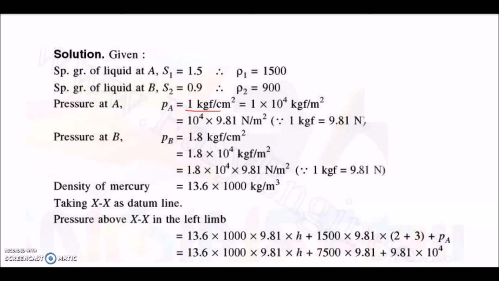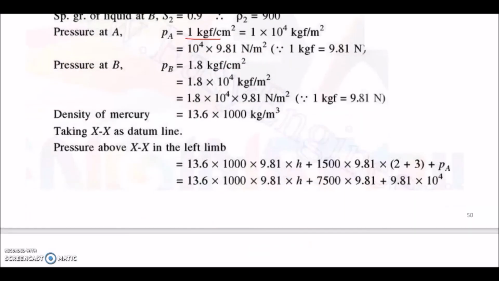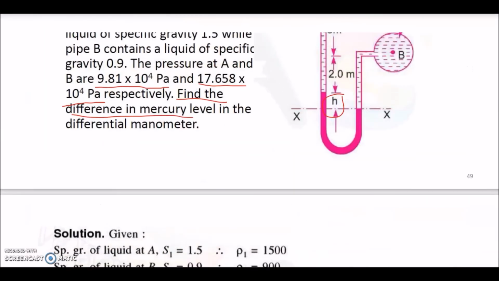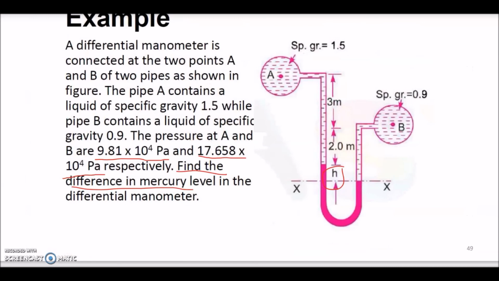Okay, so we go through the method of left limb. Left limb we have mercury, and the height is H. So we go back to the picture. For the left limb we have two liquids.